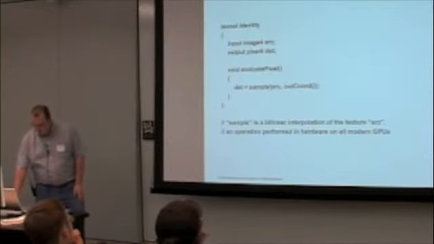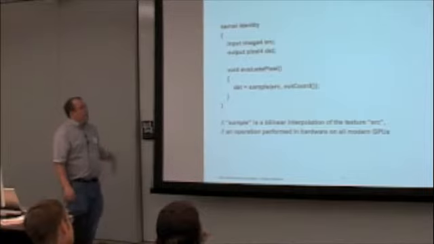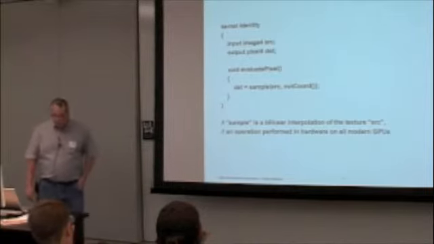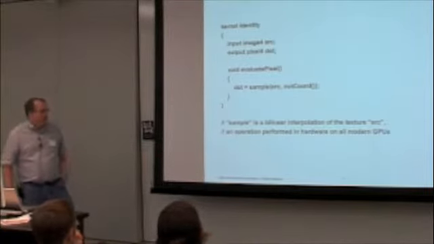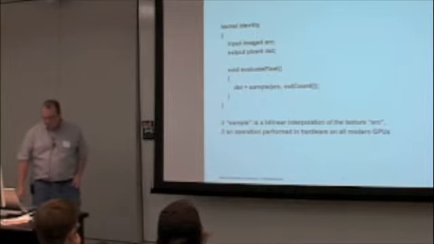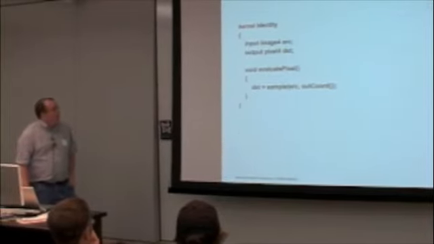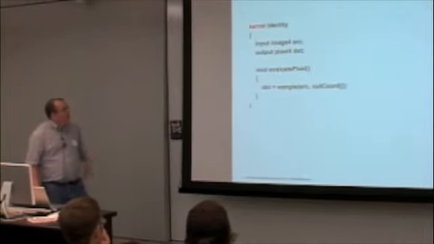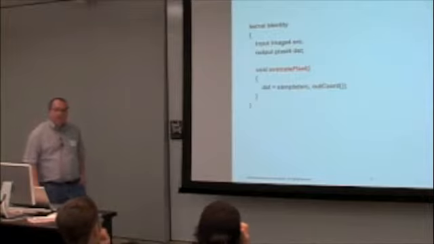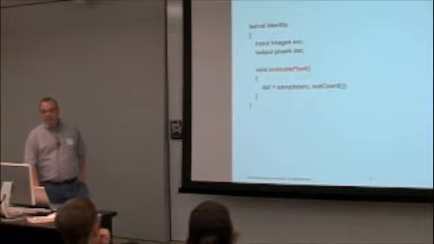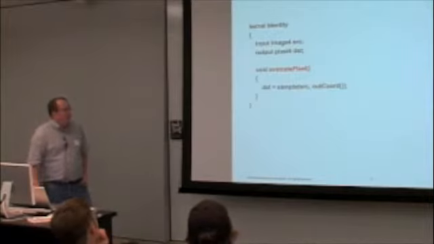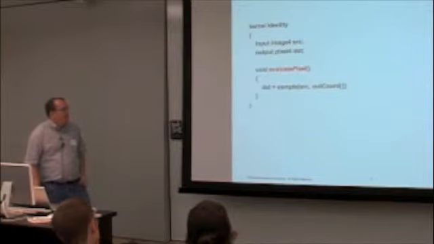All right, so here's our identity filter. Sample here is bilinear interpolation. You don't really need to know that, but it's a fairly heavyweight operation, actually done in hardware on GPUs, but of course on CPUs we have to code it up. Everything we do is in a kernel. Evaluate pixels is a special function. This function gets run for every single pixel that's produced on the screen. That's how graphics is done these days.